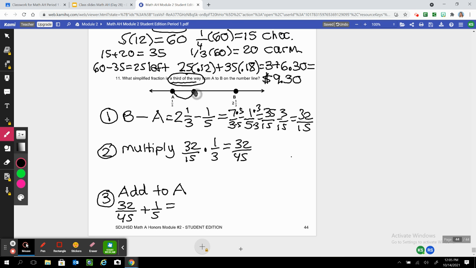So I need to figure out what do I add to that to get to my new point. So I need to find a common denominator. So I will keep the first fraction, 32 over 45, but the second fraction I'm going to multiply to get a common denominator of 45. So it becomes 9 over 45, and then my answer will be 41 over 45.